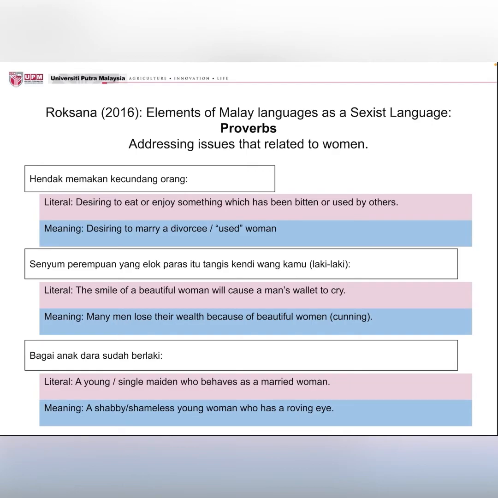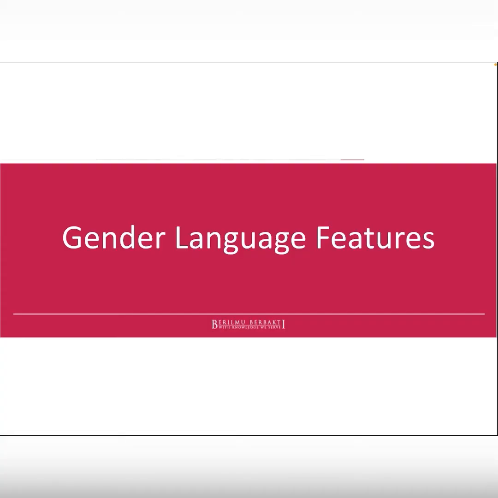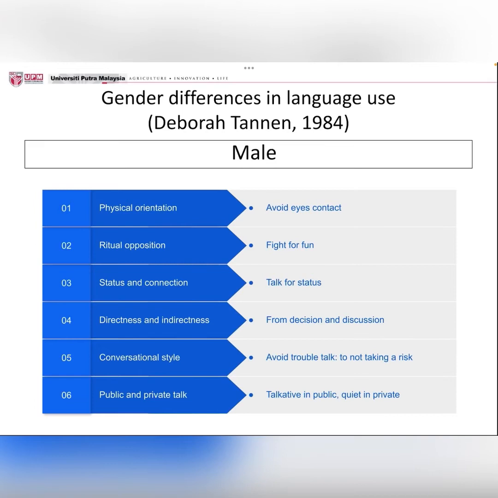eye. Next, gender language features between male and female. Let us see the gender differences in language use according to Deborah between male and female. First, physical orientation, where male tends to avoid eye contact, but female uses eye contact.